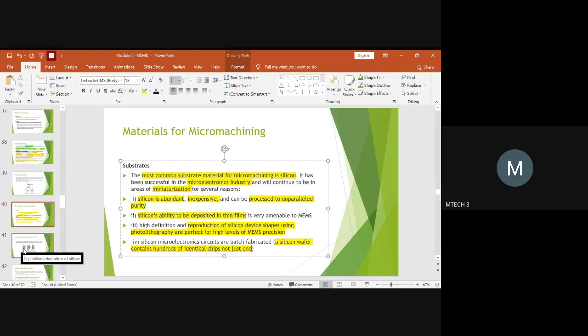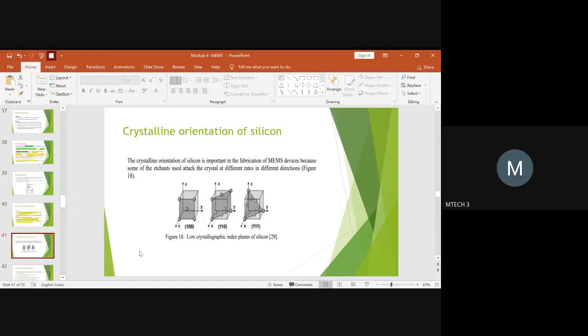But when you select silicon as the substrate material, you should think about its crystalline structure. You have to go back to your basic physics and see the lattice crystal structure, across which plane the silicon orientation will provide the required good results. The feasible lattice structures for silicon are across the 100 plane, 110 plane, and 111 plane, which you have studied in your basic physics.